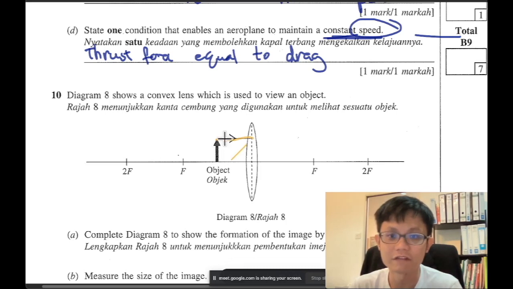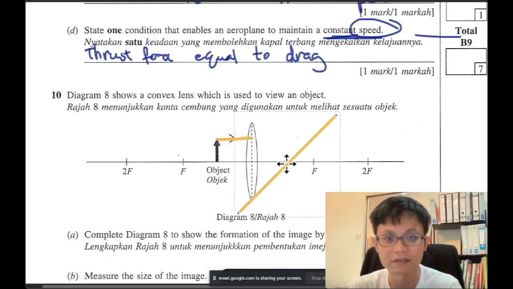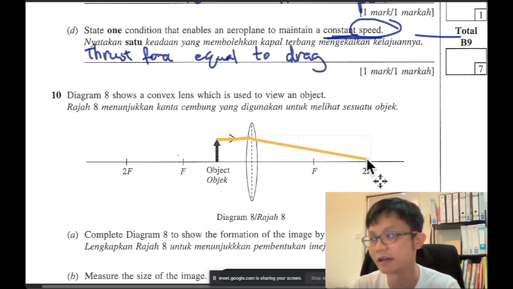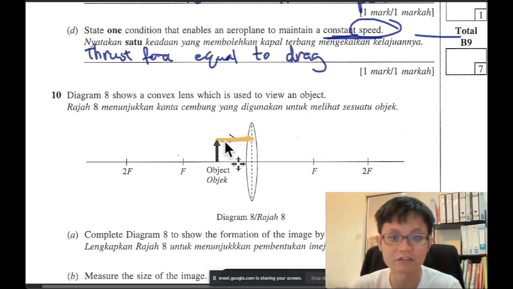So for the first one, always draw a straight line, parallel. The second one will be drawing the second line from here touching the F. Not this one, if you do this one, then you will get it wrong.